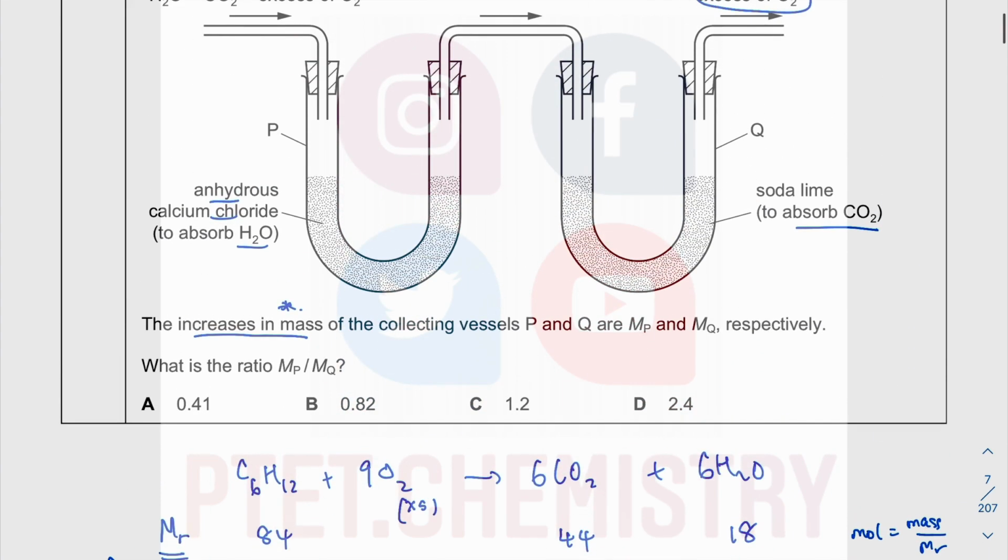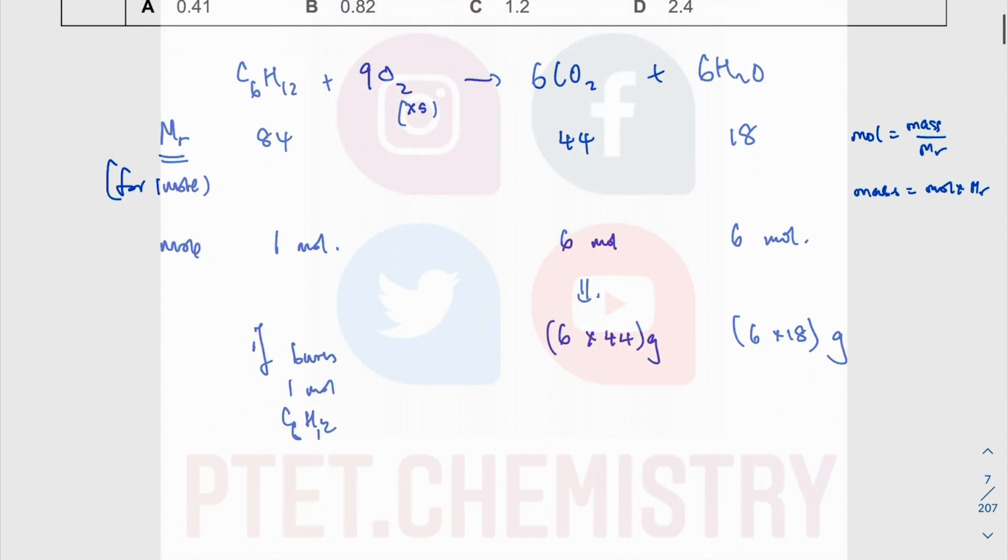In P, the P there is for the mass of H2O. The Q there is for the mass of CO2. So we're looking at mass of H2O over mass of CO2. MP over MQ is the mass of H2O over CO2. So the H2O is 6 times 18 gram, and then the bottom is 6 times 44.